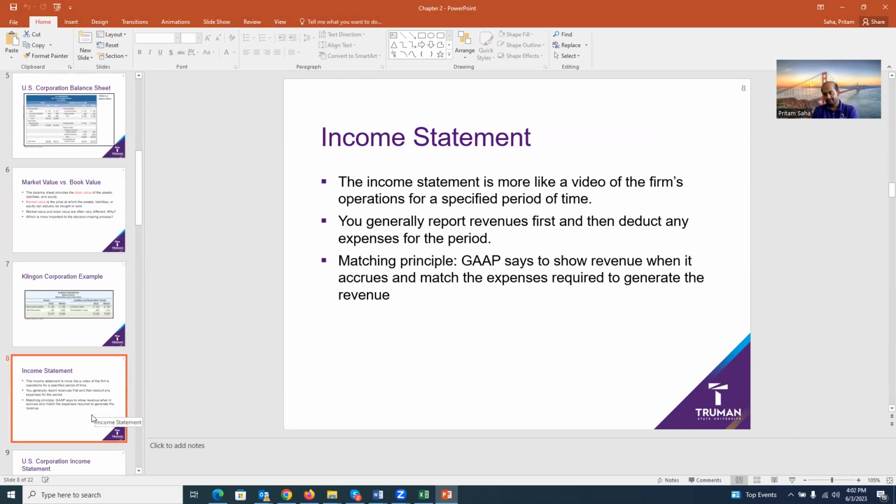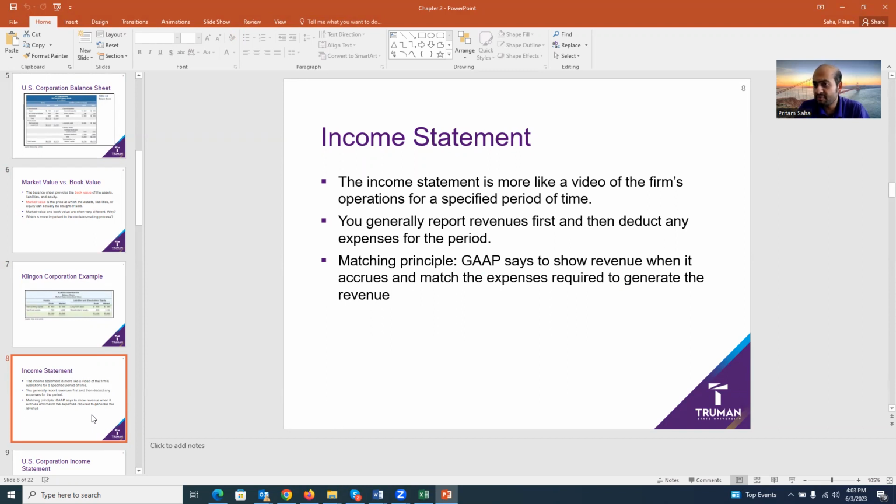Now, income statement. So as we said, income statement record all the income and expenses of a corporation for the entire period. Now, coming back to the example, calendar starts on January 1, ends in December 31st. So you have to think about for how many time period you want to make the income statement.